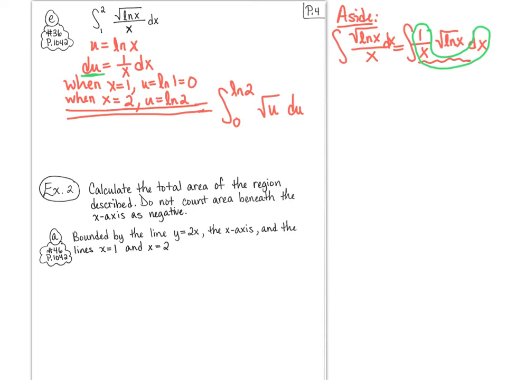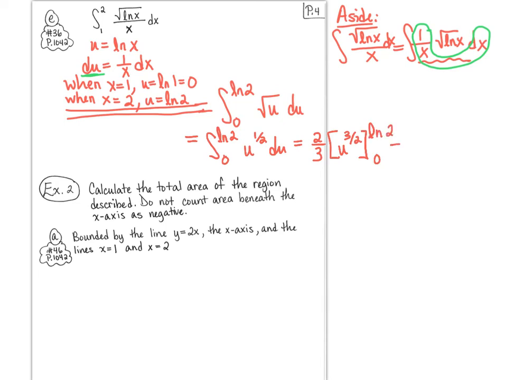And now we integrate. This is equal to the integral from 0 to the natural log of 2 of u to the 1/2 du. Whenever you find your antiderivative, remember, take the steps if you need to. It's going to be 2/3 u to the 3/2, evaluated from 0 to the natural log of 2.